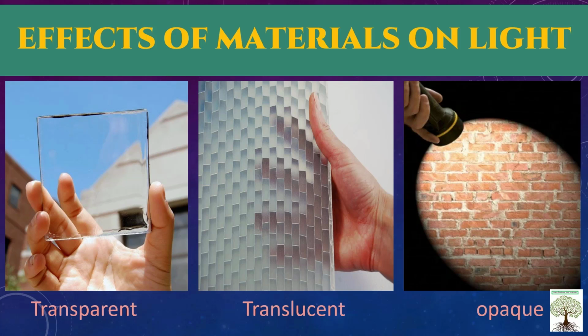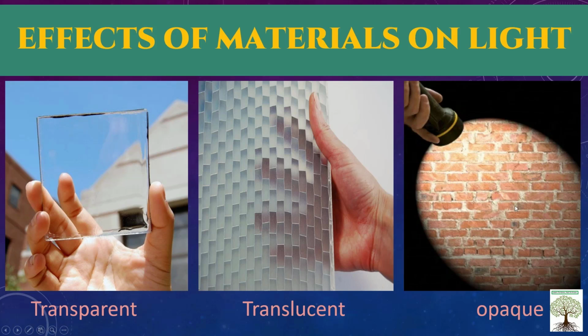The second kind are translucent objects, like frosted glass, colored glass, or butter paper. Only some light can pass through these objects, so objects seen through the translucent material appear blurred, right?